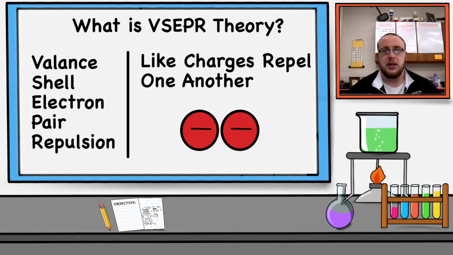This repulsion causes atoms to arrange themselves in very specific ways in order to reduce the amount of repulsive forces within the molecule. Remember, molecules want to be as stable as possible, so it's going to want to minimize this repulsive force. In other words, it's going to try to optimize the distance those electrons can be from each other.